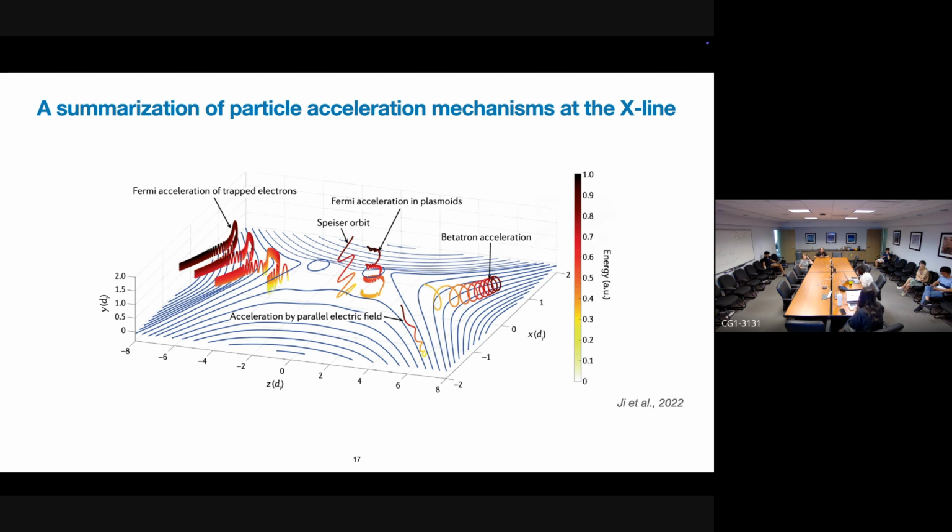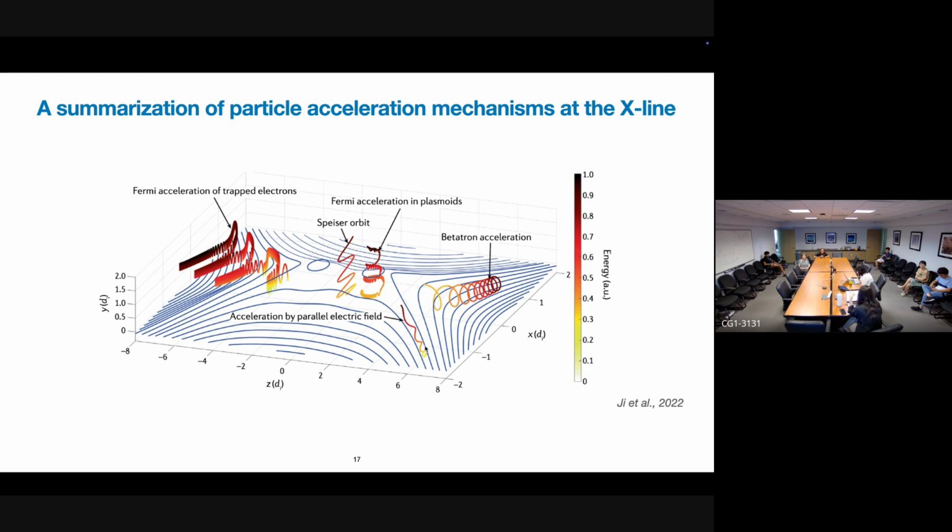So hopefully we're not too confused at this point, and I just want to show this map of all the particle motions in the context of magnetic reconnection. So here again, we have this X-line geometry of the magnetic field. Here at the very center, going out of the plane, we have the classic Speiser orbit. And here, if you happen to have some islands, there can also be Fermi acceleration happening in those plasmoids.